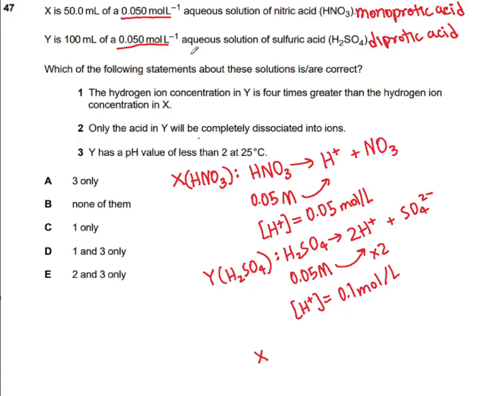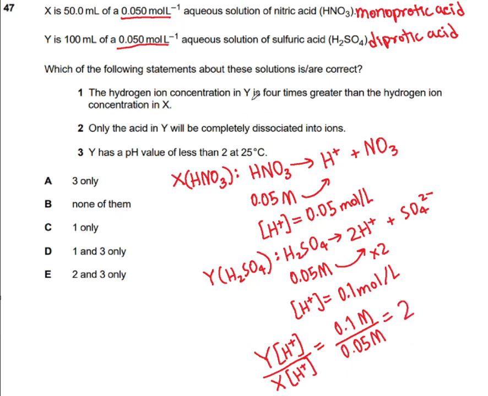So the concentration of H+ of Y, which is sulfuric acid, divided by the nitric acid hydrogen concentration, H+. Now we have 0.1 mole per liter divided by 0.05 mole per liter. So this gives us 2.